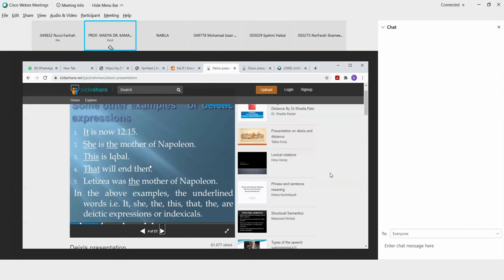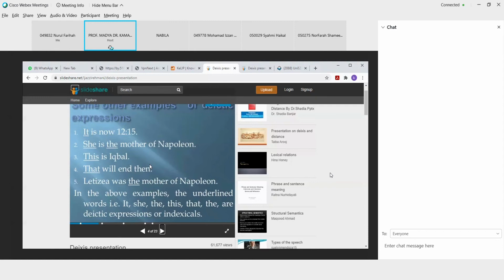But explicature is something that explicates, something which is implicit, yet it is mentioned there in the sentence, in the proposition itself.